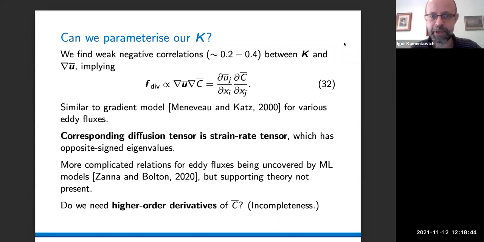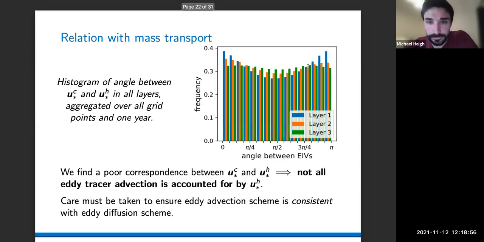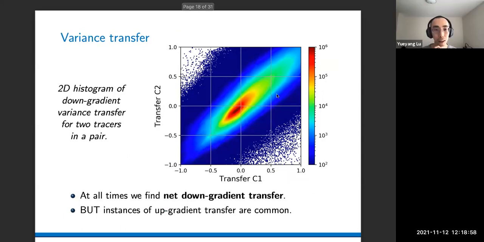Maybe last quick question. Young, you had a question. Right, yeah. So if I remember it correctly, in one slide you showed that the net variance transfer is downgradient, right? Although there is some upgradient transfer at some instants.